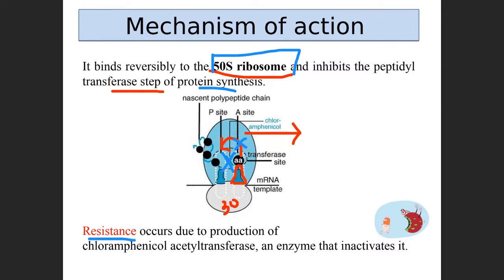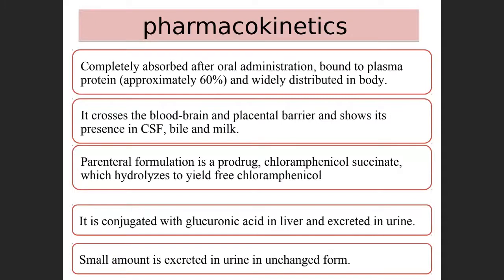Resistance occurs due to enzymatic inactivation. That means the bacteria produces certain enzyme which leads to the inactivation of chloramphenicol. What is that enzyme? Chloramphenicol acetyl transferase. So this enzyme is produced by the bacteria and it helps to inactivate the drug.